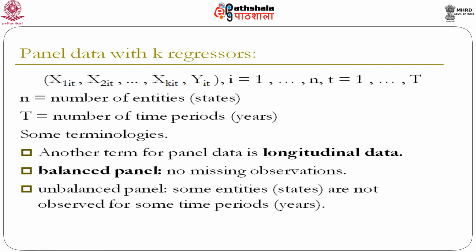Another term for panel data is longitudinal data. Here we are considering a balanced panel, so there are no missing observations. On the other hand, you can also consider an unbalanced panel, where some entities (states) are not observed for some of the periods (years).